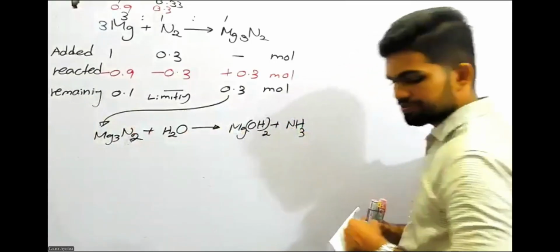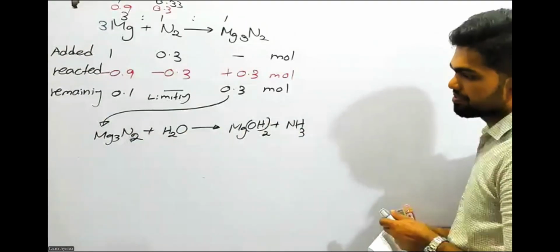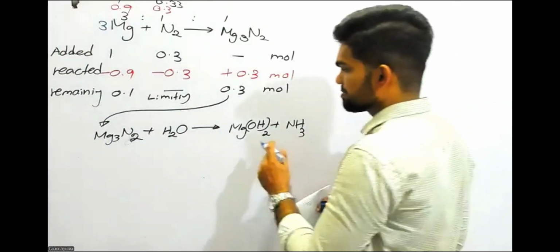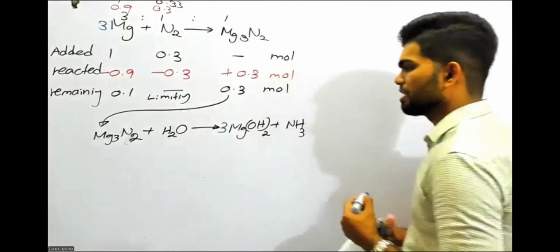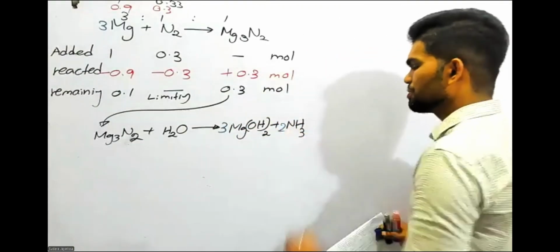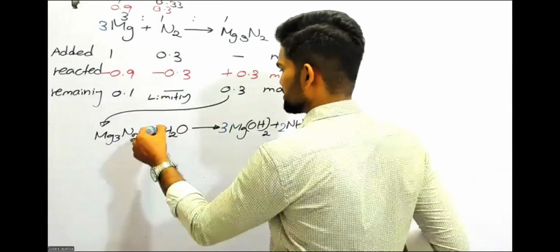Let's balance this. To balance this also, we are going to use the inspection method. Here we have 3 magnesium, so in front of magnesium hydroxide it should be 3, and in front of ammonia it should be 2. So altogether you have 6 OH and 6 H, so 6 water.